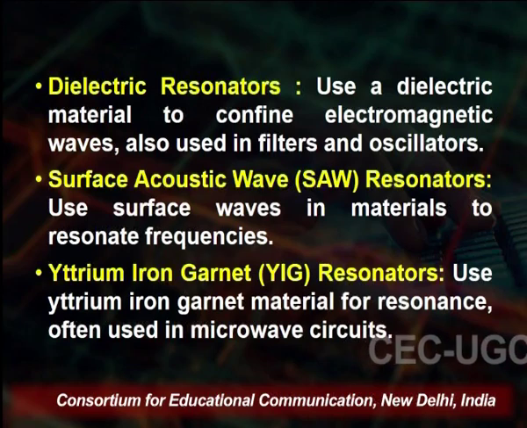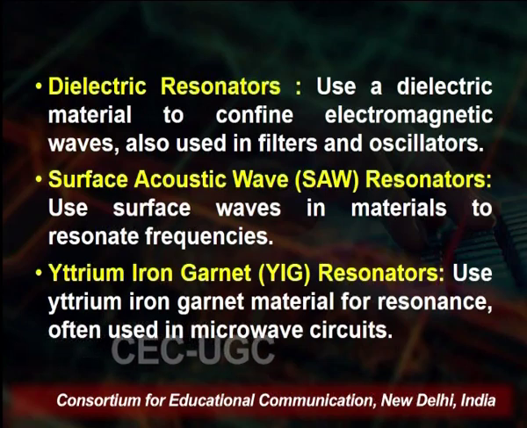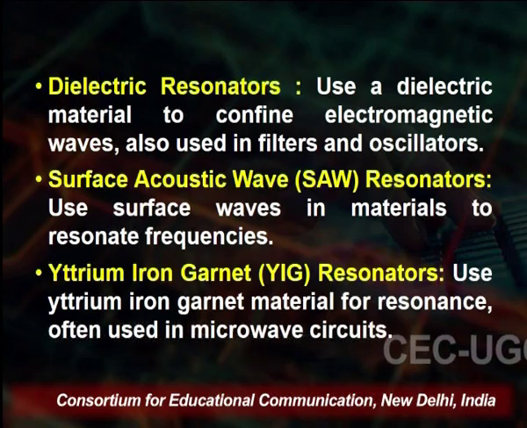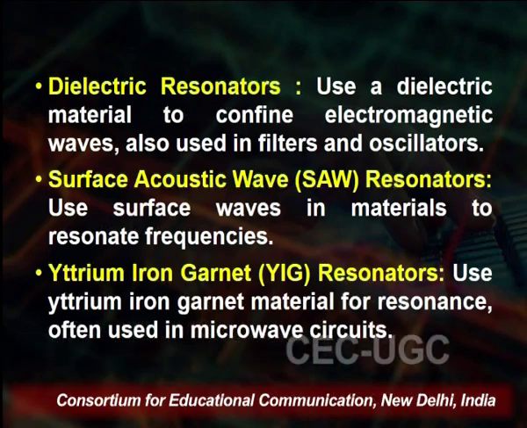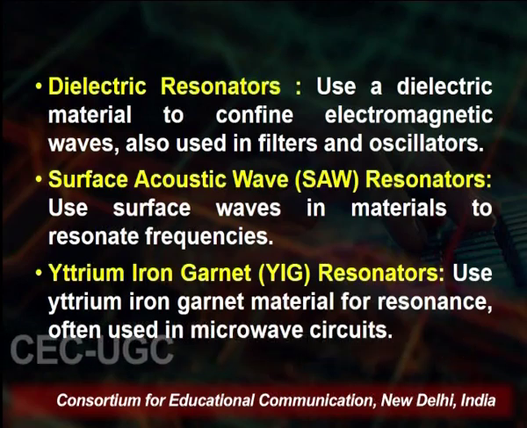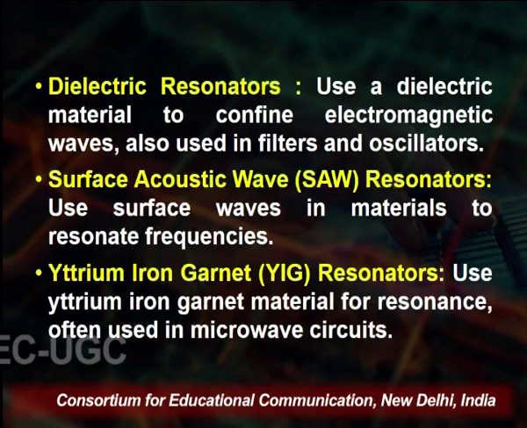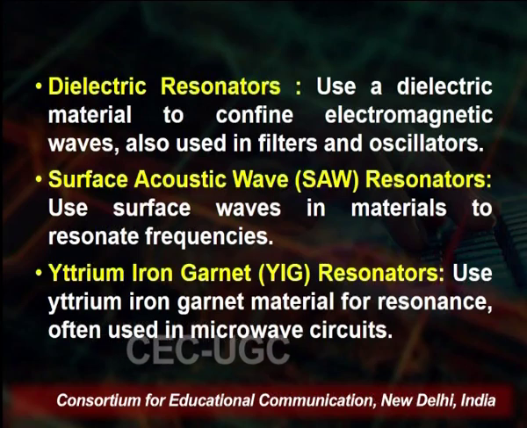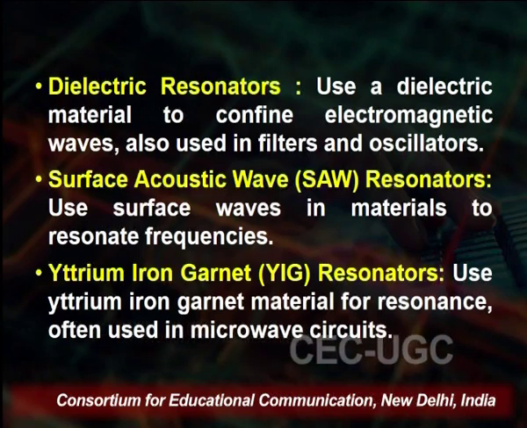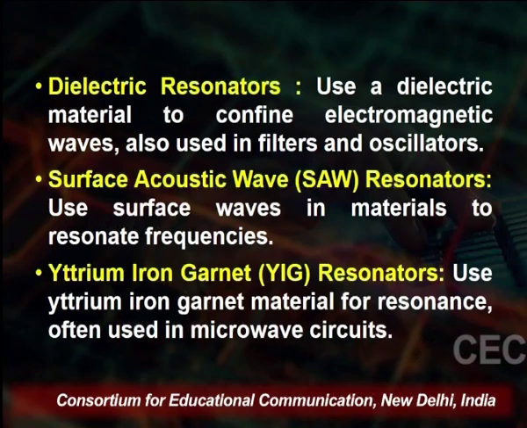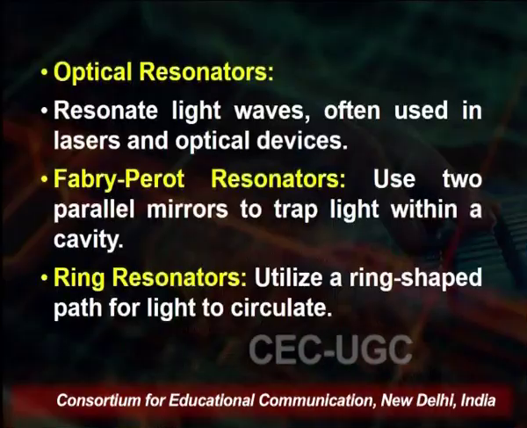Another type of resonator is the surface acoustic wave, that is the SAW resonator, which uses the surface wave in the material to resonate the frequency. Another type is the yttrium iron garnet, that is the YIG resonator, which uses yttrium iron garnet material for resonance, and is often used in microwave circuits where the temperature is also maintained.